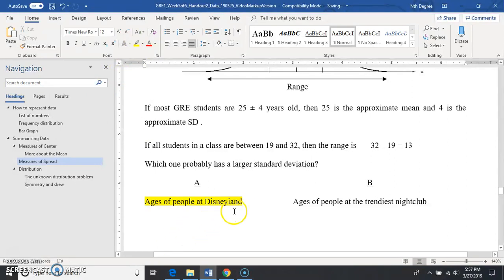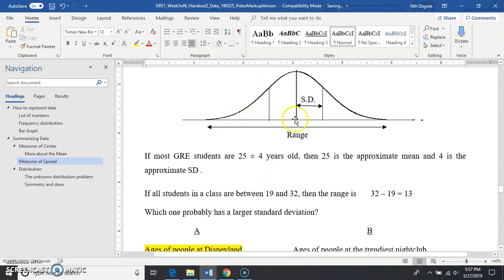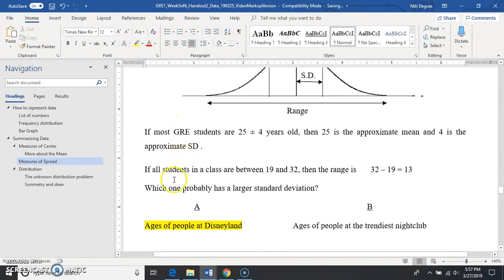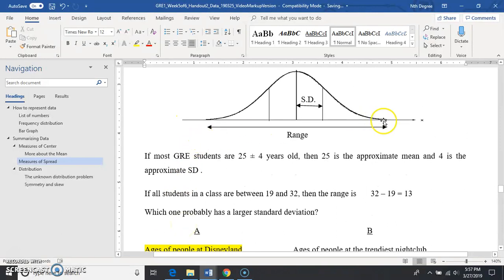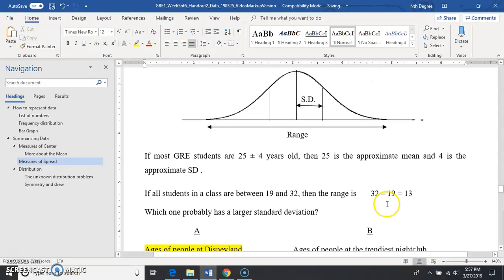Why is that? The ages of people at Disneyland are very spread out. If you think about ages on this axis, well, you'd have some people who are babies. They have ages of 1, 2, and 3. And then you would have some people who are like their great-grandparents, people over here who are 80. Very spread out. At the trendiest nightclub, you would expect basically young adults to be at the nightclub.